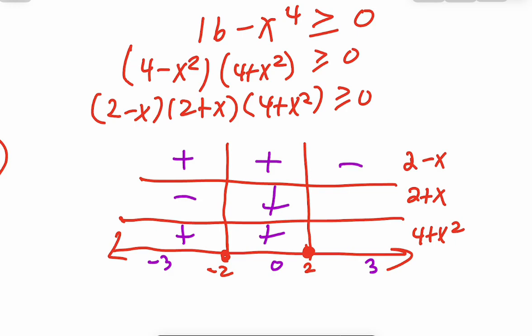If we plug in 3, we get a negative, a positive, a positive. And so now let's determine what the intervals are. This interval here is negative, positive, negative. We only want the greater than or equal to 0, so we want the positives.